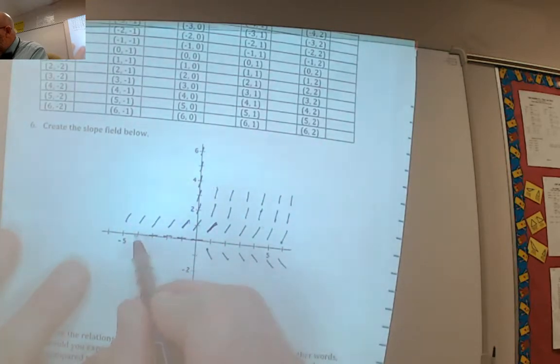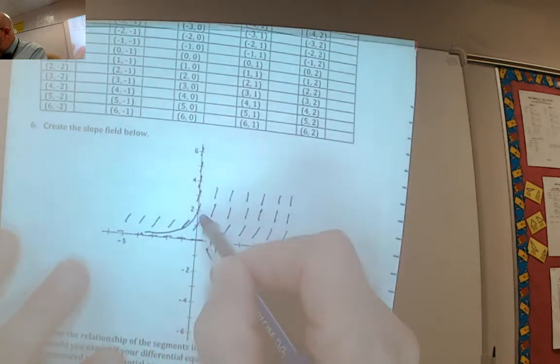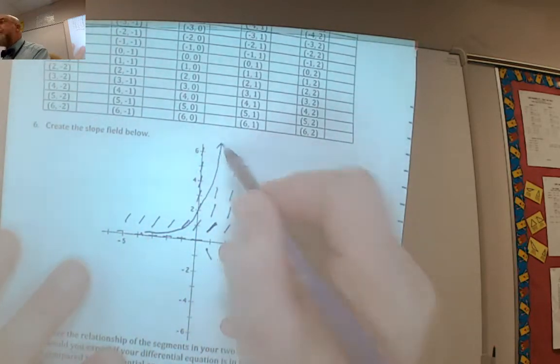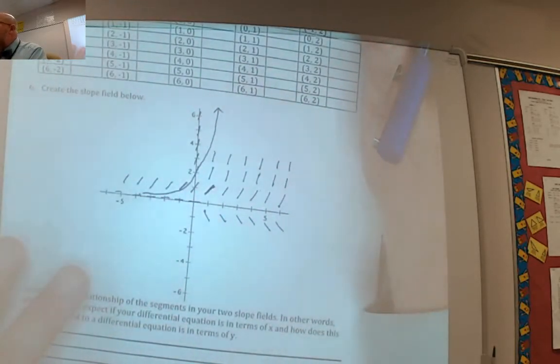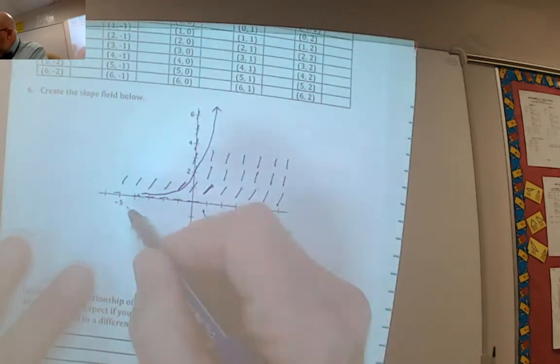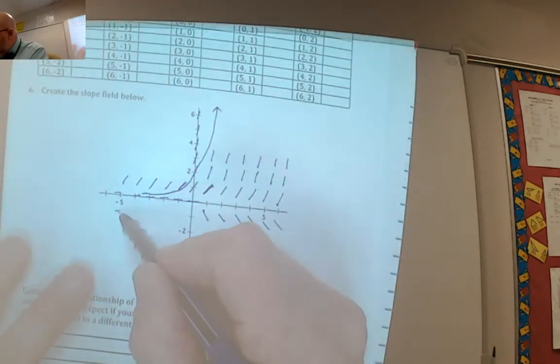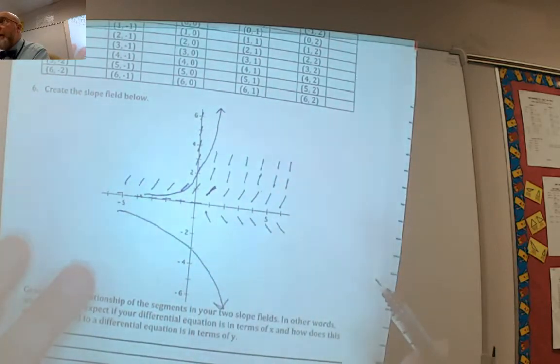So I would say it looks something like that. And then (0, negative 3), was that the next one? I'm not going to draw them all in there, but I think you should get something that looks like this. Would you agree? Yep. Something in that fashion.